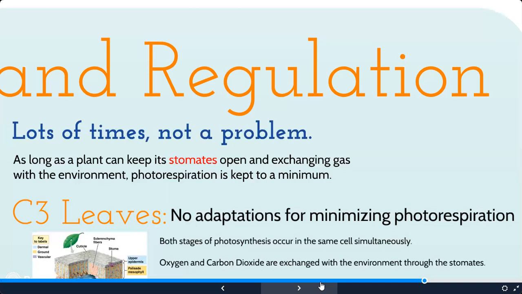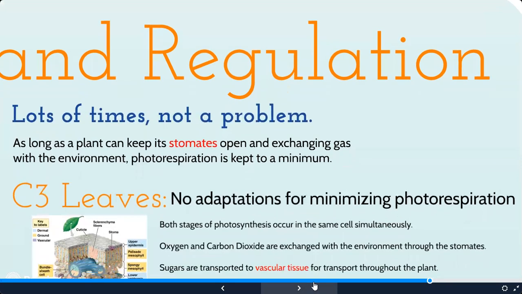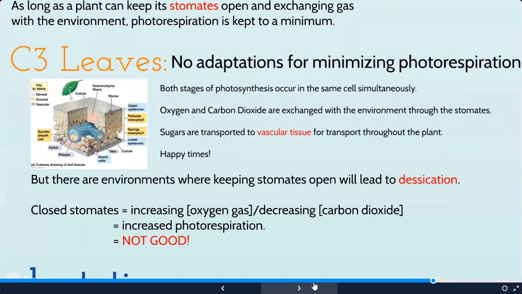So other plants have evolved slightly different pathways, alternatives to the Calvin cycle, to minimize this photorespiration. So they're not losing water and they're not wasting ATP. So there are different names for these. There's C3, C4, and CAM.